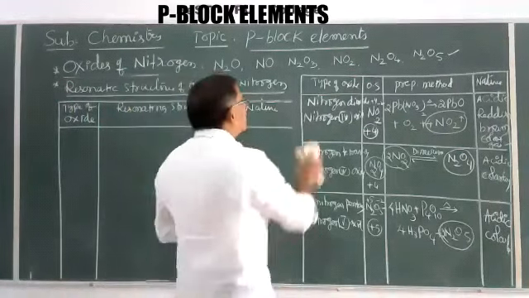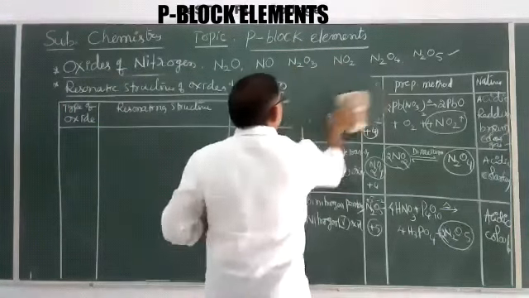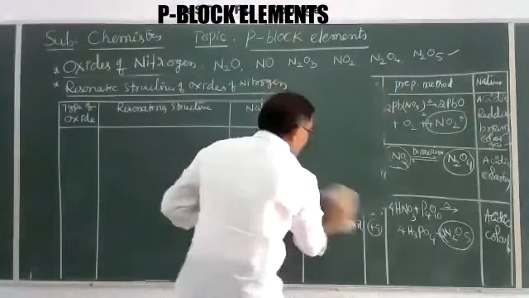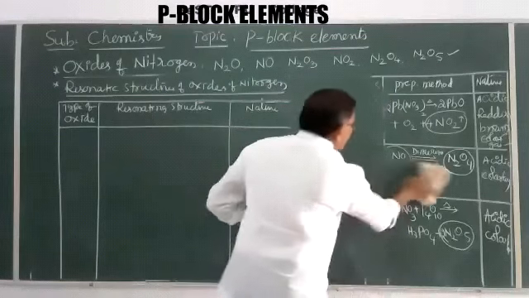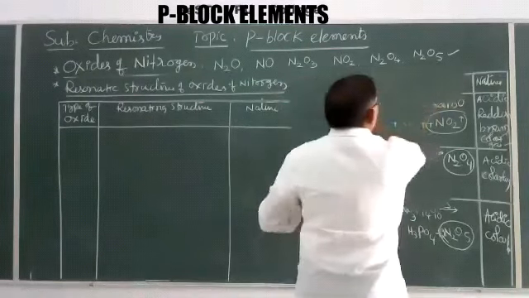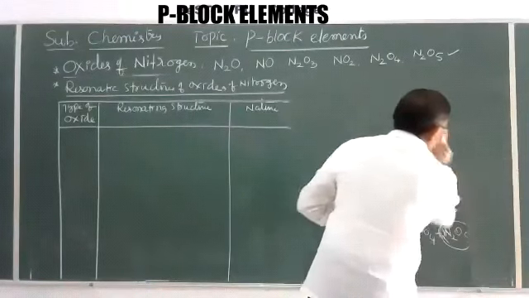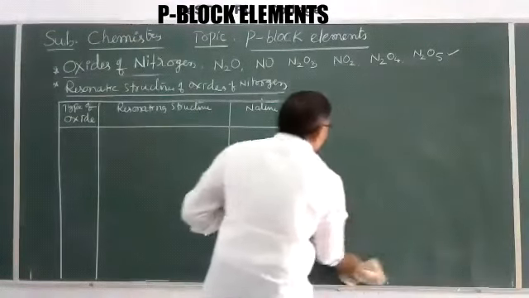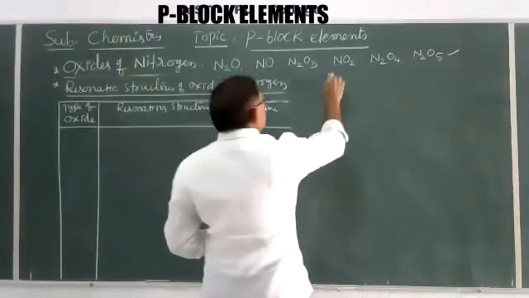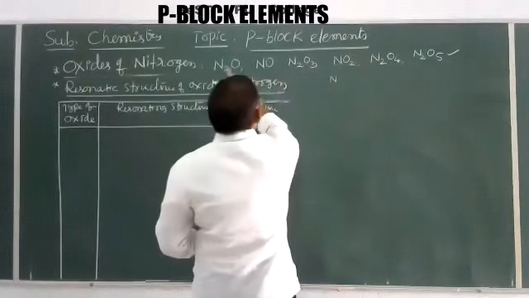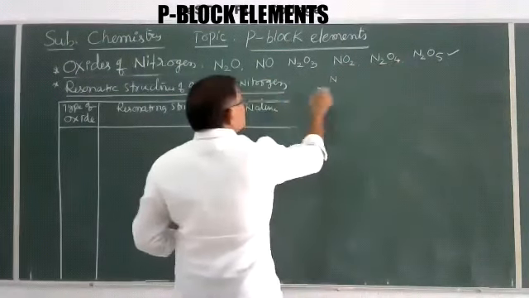Knowing these makes it easy to redistribute the valence electrons around one atom of an element present in a molecule. For example, nitrogen and oxygen are the only 2 elements present in all these oxides.